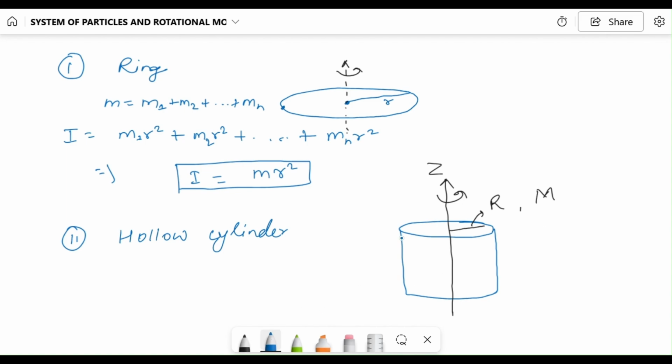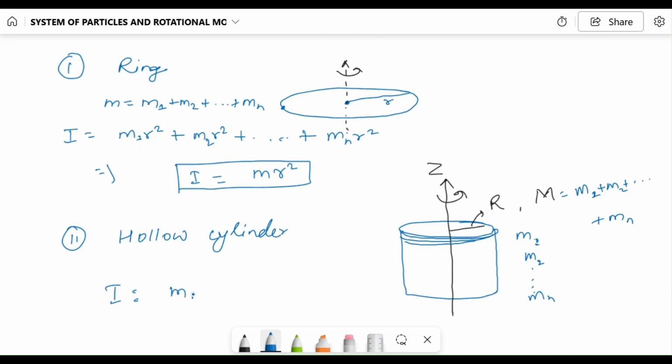So what we can do, we can just think that this hollow cylinder is an arrangement of n numbers of such rings. So each ring, let's say, having mass m1, m2, and so on up to mn. So the mass of this hollow cylinder will be m1 plus m2 up to mn. Now, if you want to know the moment of inertia for this hollow cylinder, we can just add up the moment of inertia of each individual ring here.